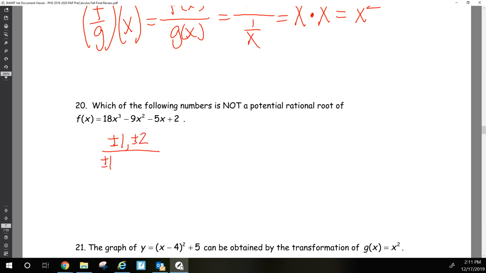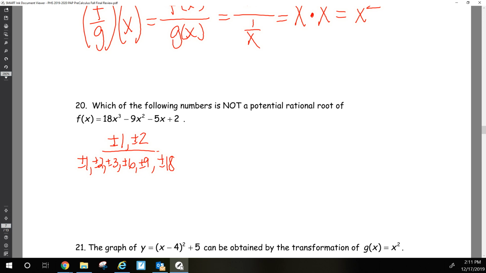So I've got 1 times 18, 2 times 9, and 3 times 6. I'm running out of room. Let's try this again. 1 and 18, 2 and 9, and then 3 and 6.